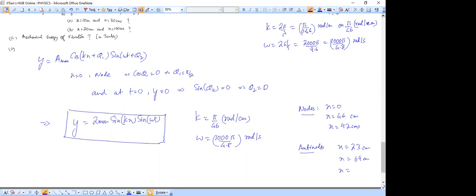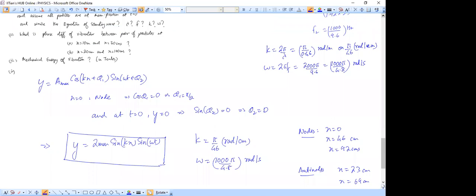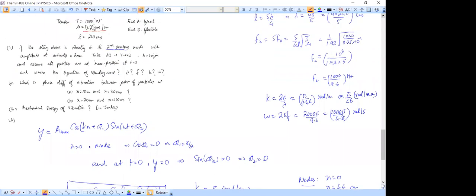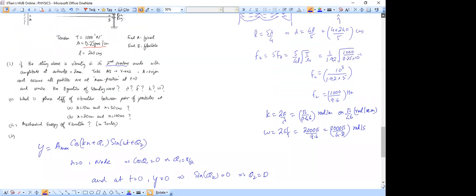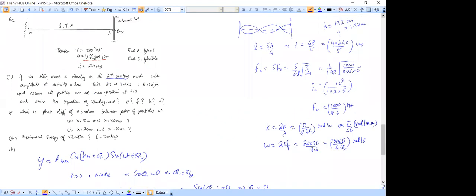I might have made some calculation mistake. I think lambda will come longer than this, no? Because the whole thing is 240 centimeters, and no, it's okay. Lambda is 192.